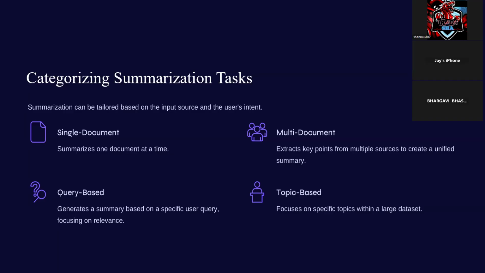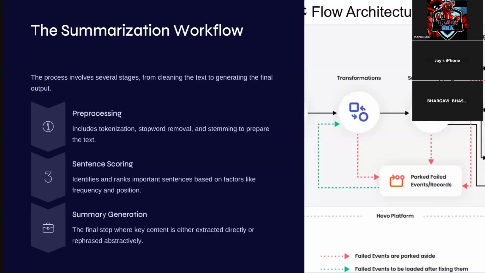And here comes the summarization workflow. The process involves a few steps: pre-processing, sentence scoring, and summary generation. Pre-processing includes tokenization, stop word removal, and stemming to prepare the text.